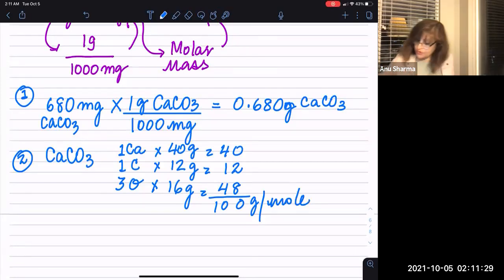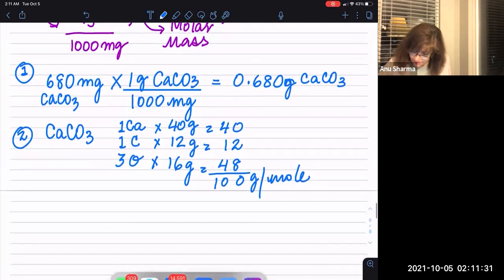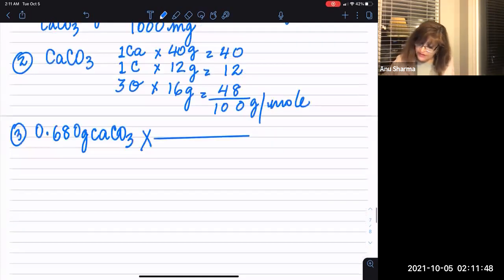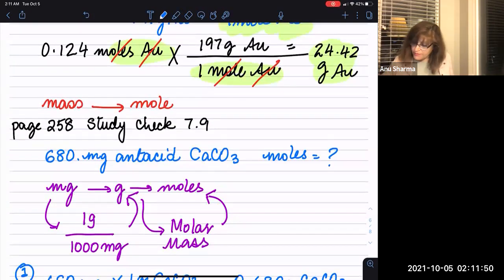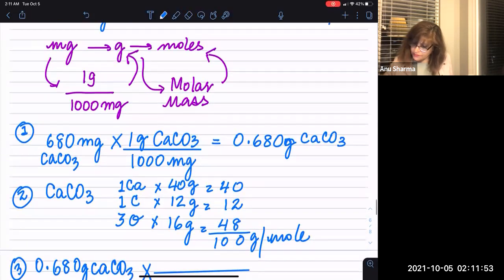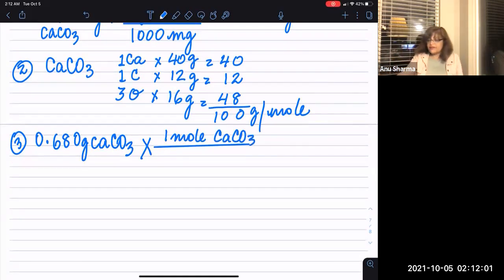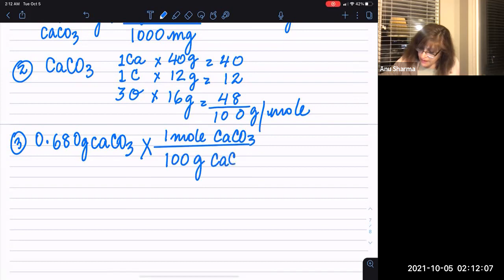Now bring in the third step: 0.680 grams of calcium carbonate times, we want to know how many moles that is. 1 mole of calcium carbonate weighs 100 grams of calcium carbonate.